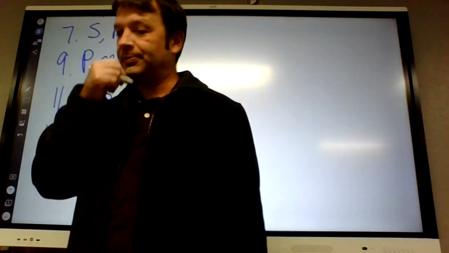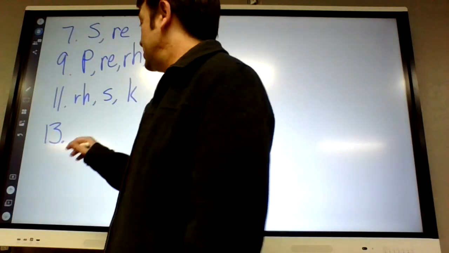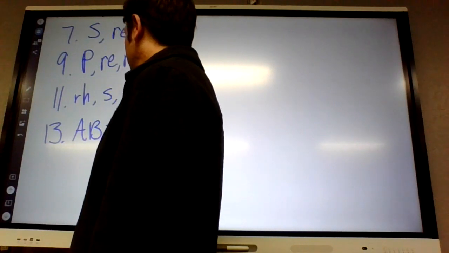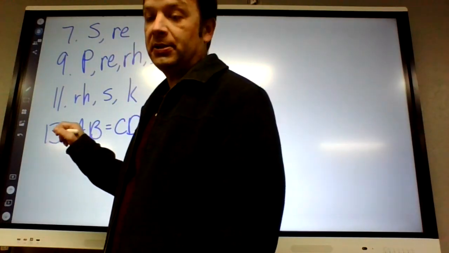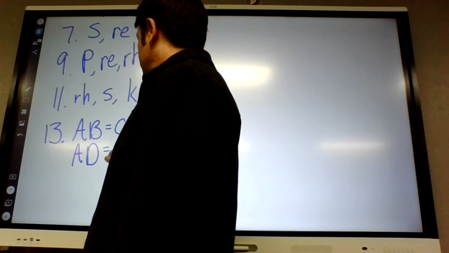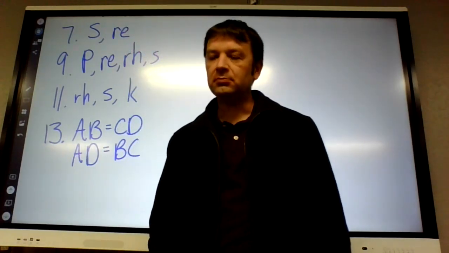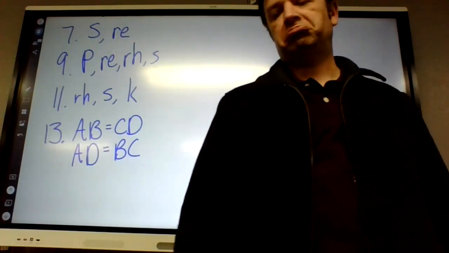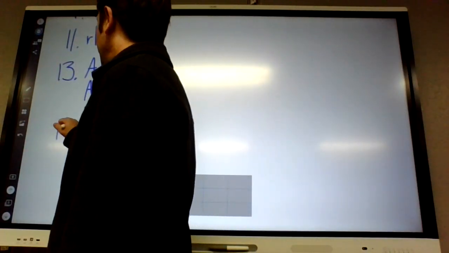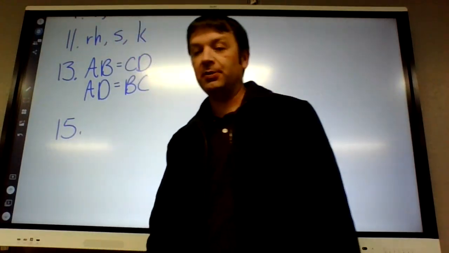The opposite sides. So AB would need to equal CD and AD would need to equal BC. Not exactly in this form, but you do need opposite sides congruent in a parallelogram.